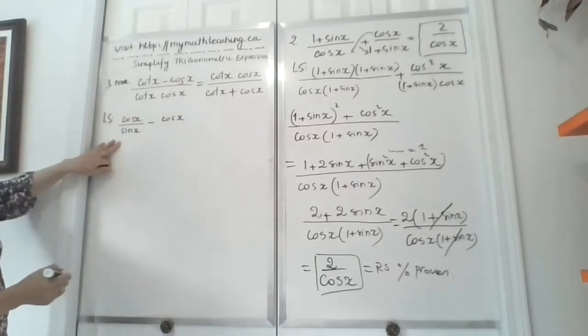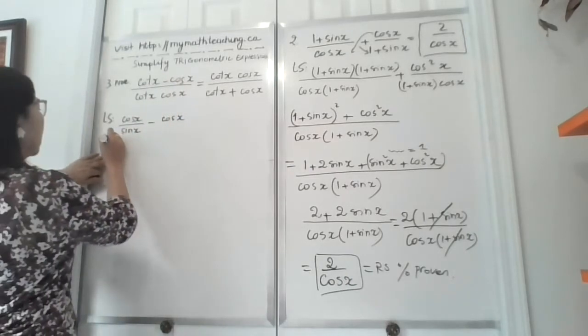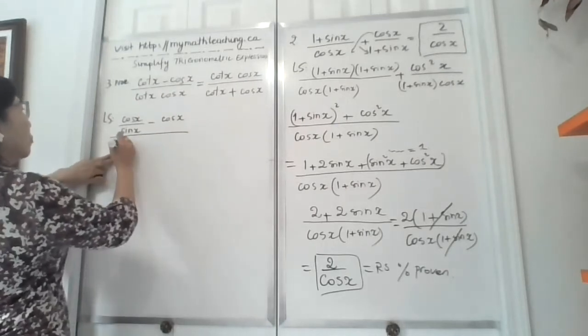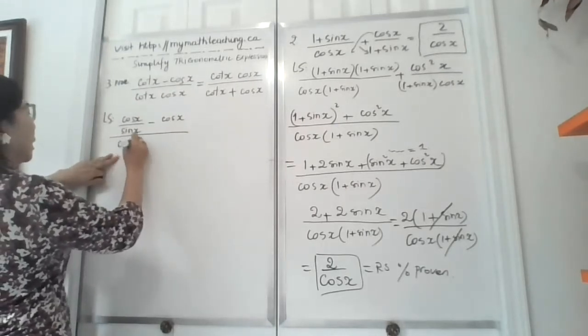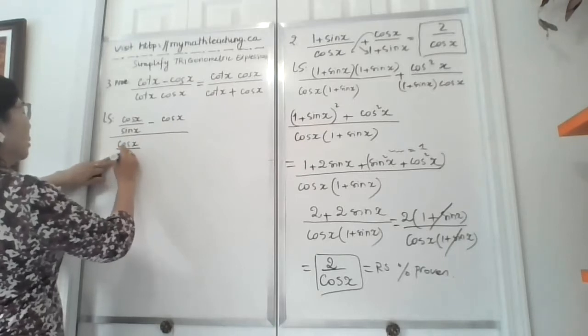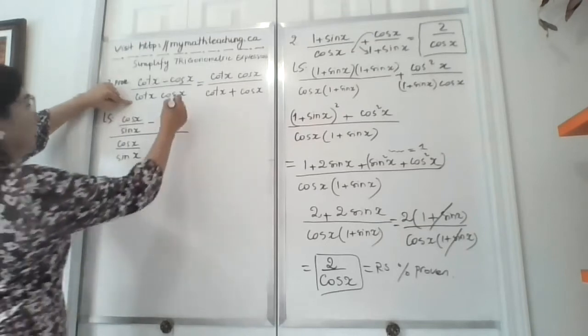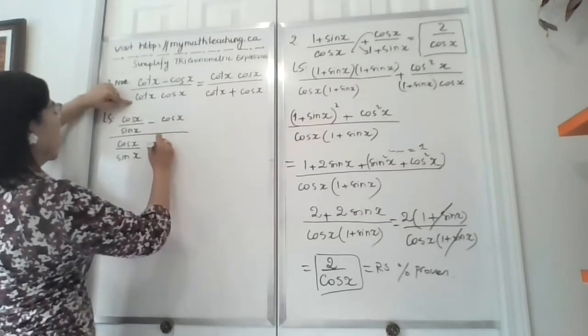So that's the numerator on the top. And the bottom will also become cos x over sin x, right? Cot equals cos over sin, times cos x.